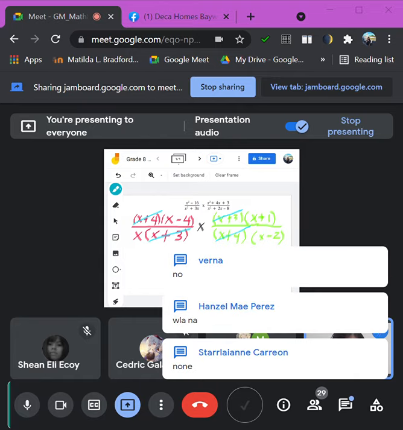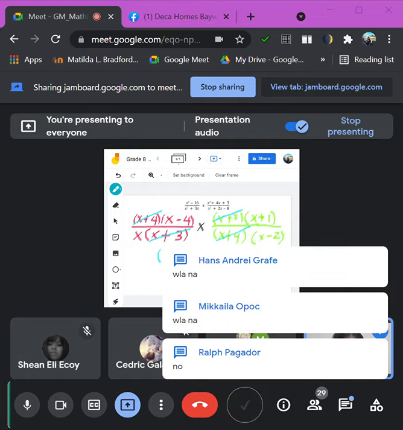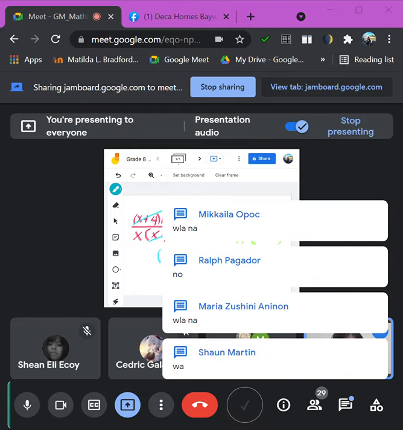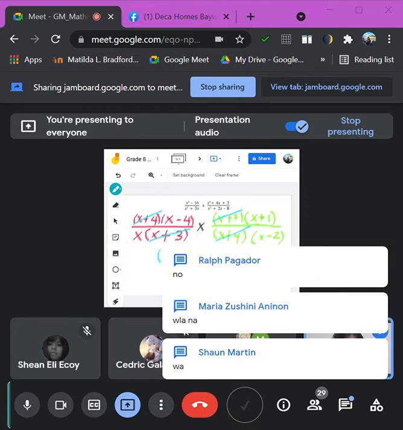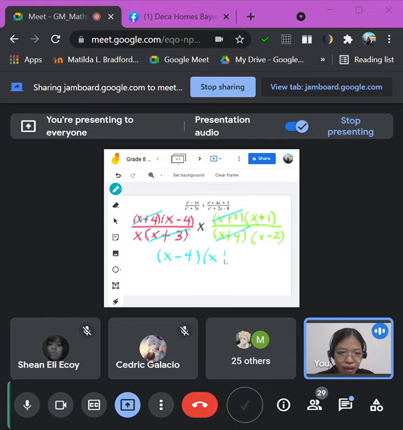Okay, wala na. Good job. So, ang nahibilin nato, class, we are going to copy negative x minus 4 and then x plus 1 over x plus 1 over x times x minus 2.